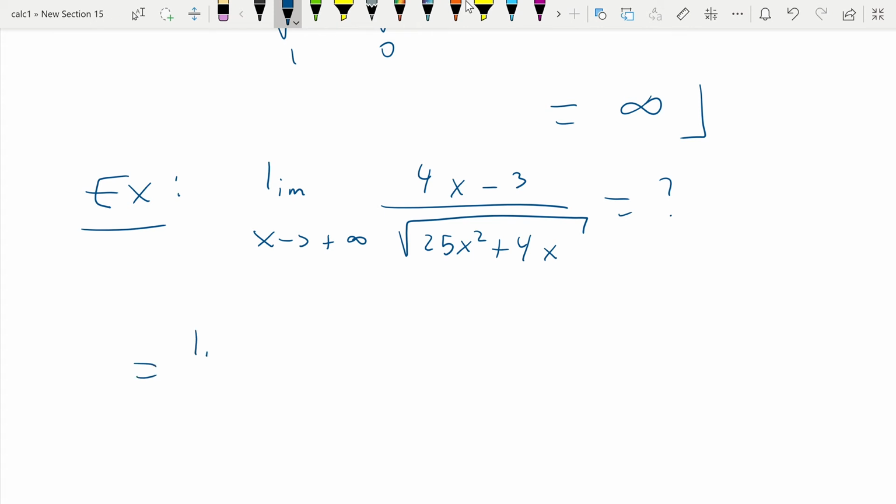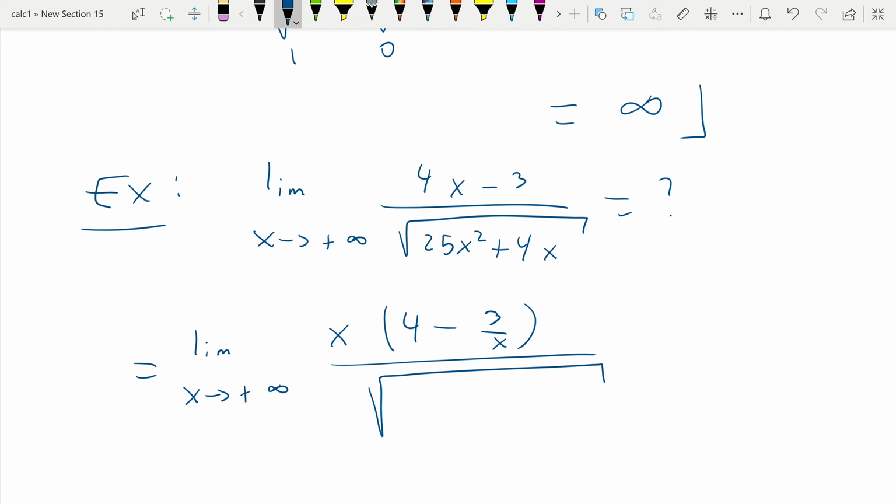This is equal to the limit as x goes to infinity of, and here we factor out a 4, so we take out a factor of x: 4 minus 3 over x, and on the bottom we have something under the square root, so we can factor out x squared: x squared times 25 plus 4 over x.